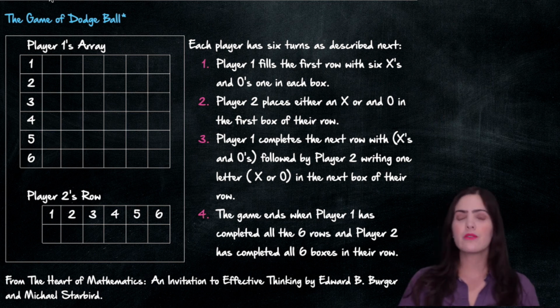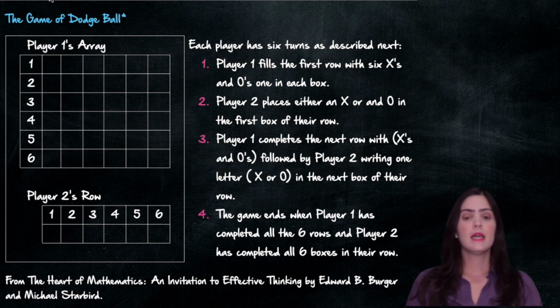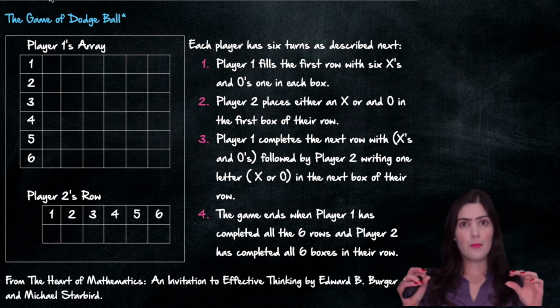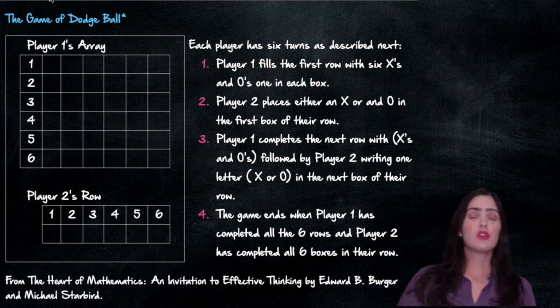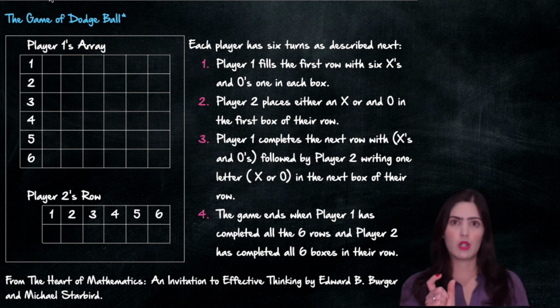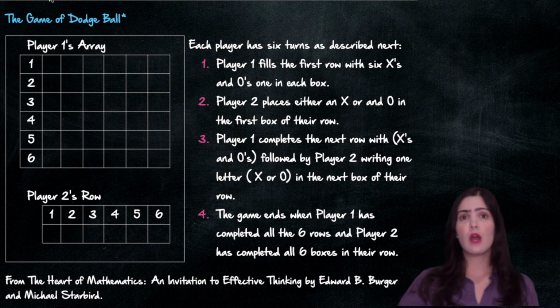Okay, so what happens next? Well, in the second round, player 1 will populate the second row with crosses and knots, complete that row, and then player 2 will write a cross or a knot in the second box of their row.